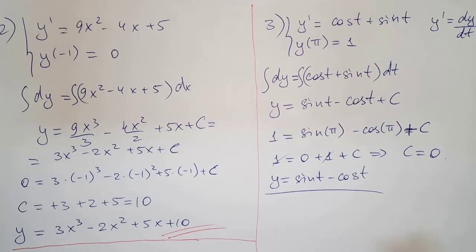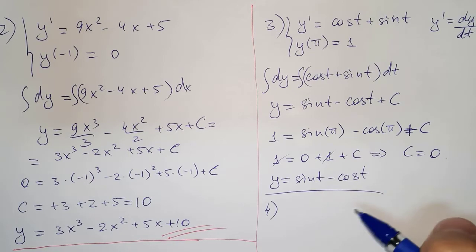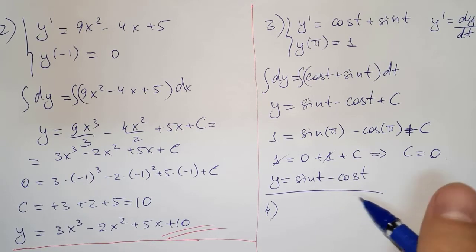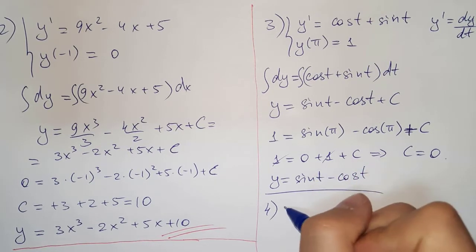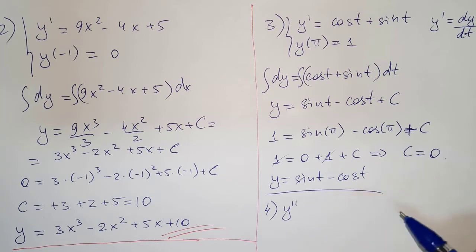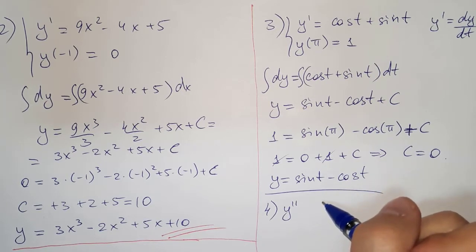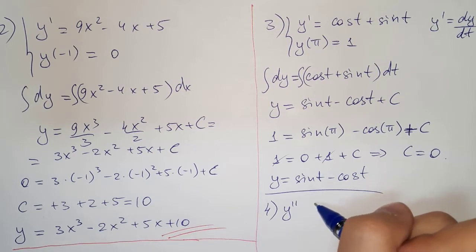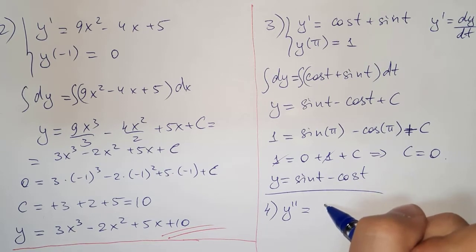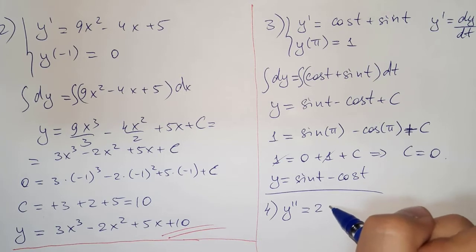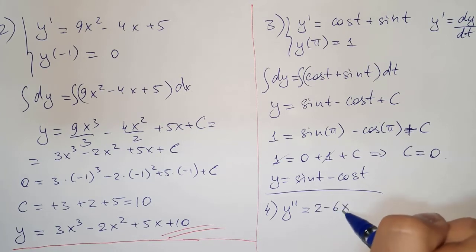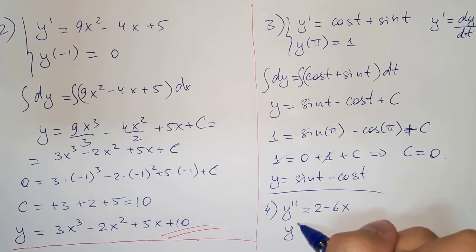And let's consider the next example. So what we have here is y second order. This is a second order differential equation, but here we have an initial value problem, and it's not so difficult. It's very close. So 2 minus 6x, and now we have two conditions.